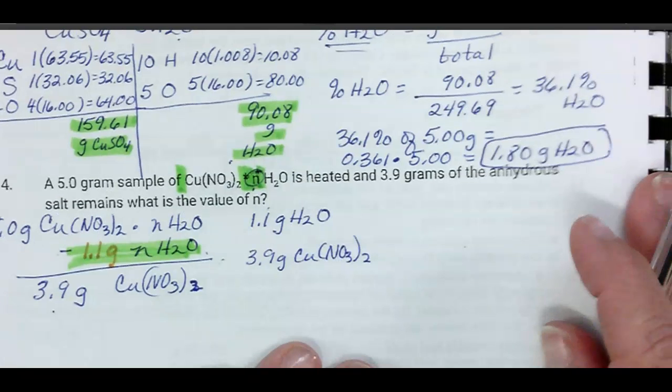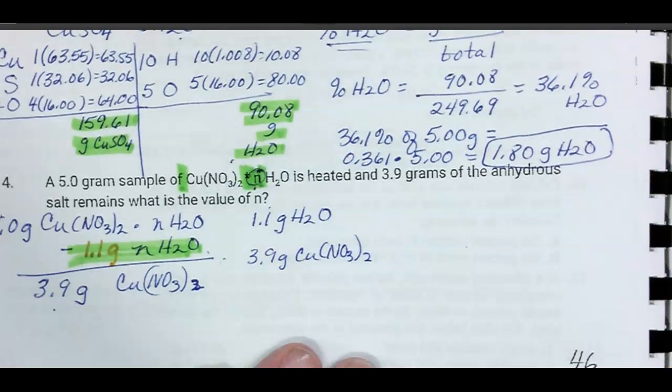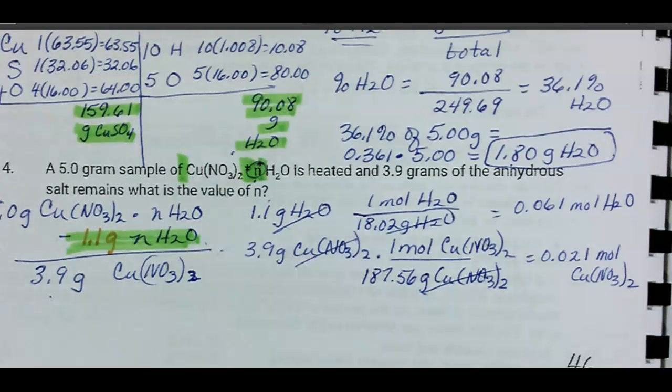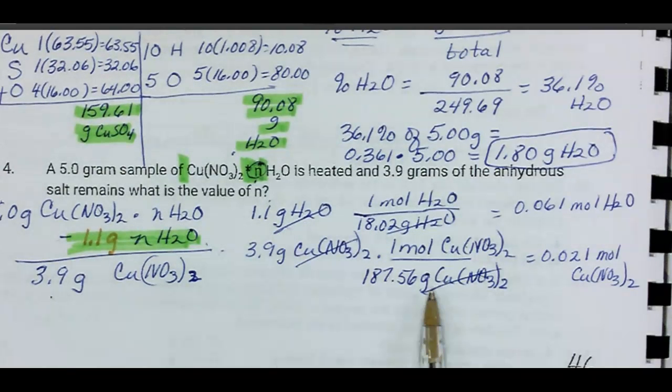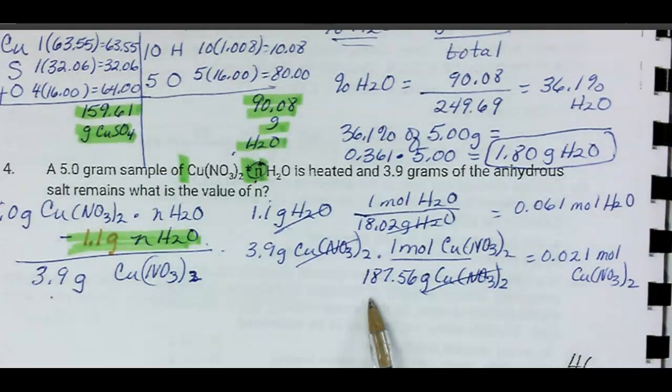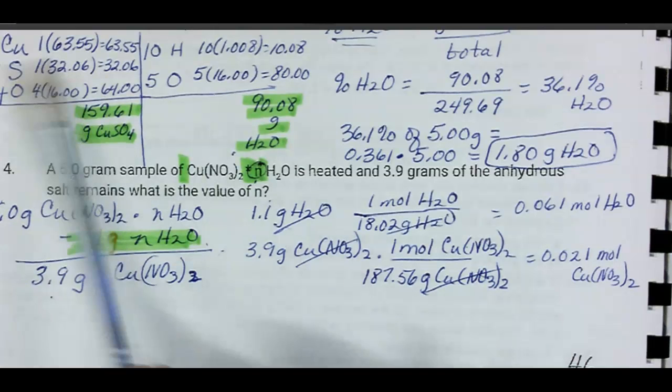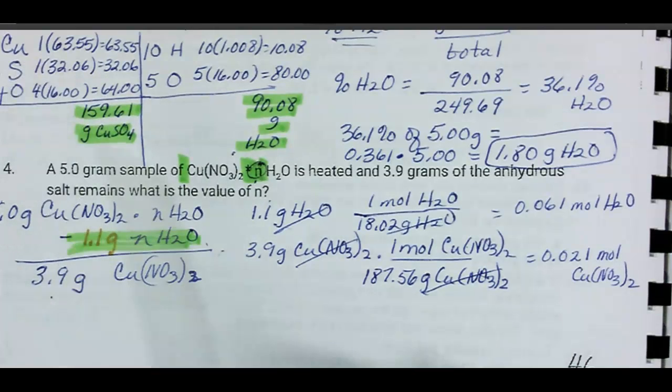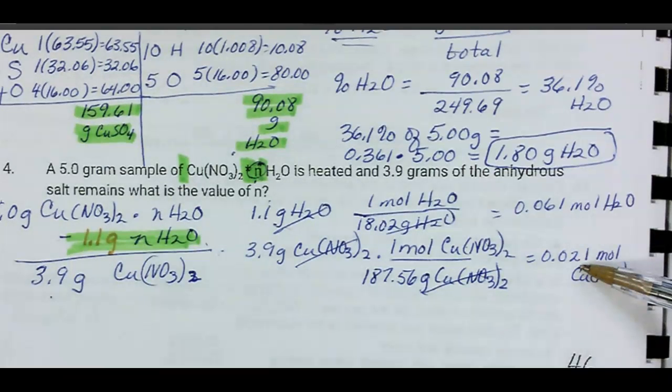Let's just do a gram to mole conversion. Let's just check to see where you're at. What I did was a gram to mole conversion for both my water and my copper nitrate. Again, I did have to calculate out my copper nitrate because I can't just find that on the periodic table. So I actually had to do a calculation for it over to the side, very similar to how I did my copper sulfate. Then I divided it out and found my moles.